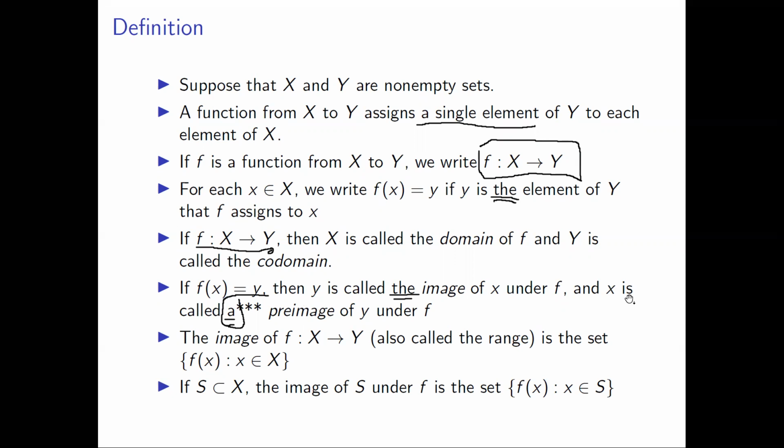So if S is a subset of the domain, we say the image of S under f is the set f of x for x in S. So now that we have all these terms, we're going to look at some example functions, and we will see what is the domain, what's the codomain, what's the image.